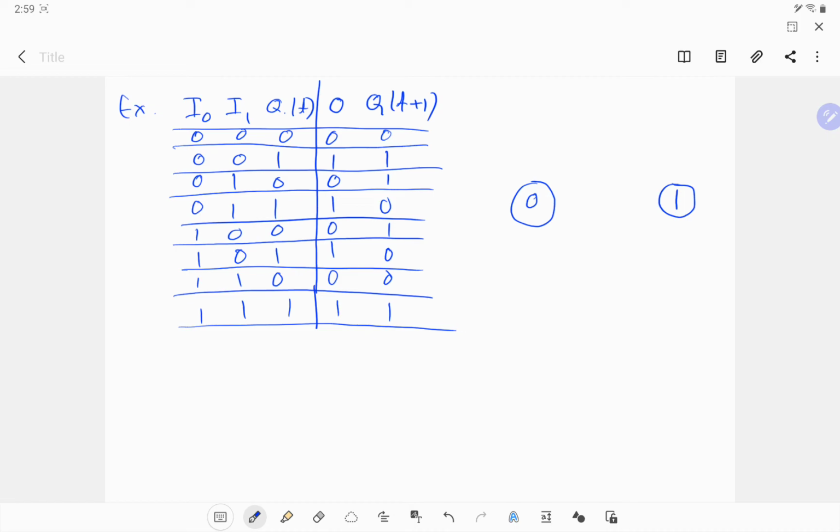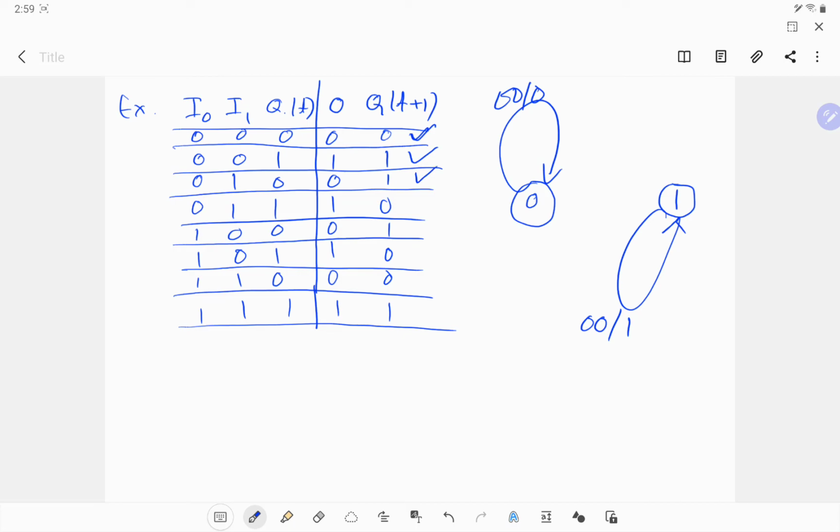Okay, so in this case, for the first row, we have the state from 0 to 0. Input is 0, 0, and output is 0. For the second one, we have 1 to 1. Input is 0, 0, and output is 1.